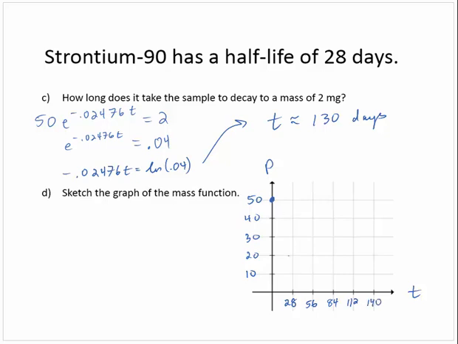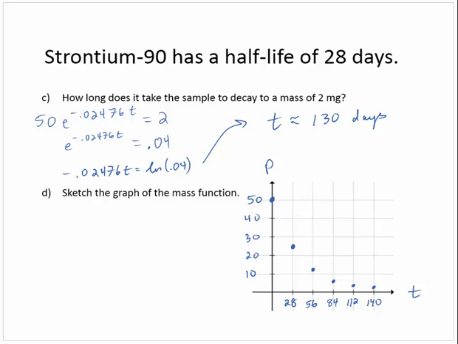And so then I would have exactly half after 28 days, so that's what, 25, and then 12.5, and then 6.25, and then a little bit more than 3, a little bit more than 1.5, and we see an exponential curve.